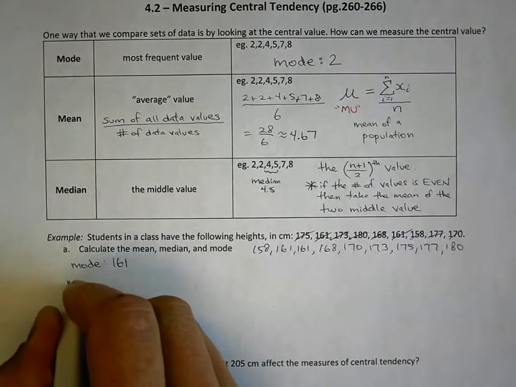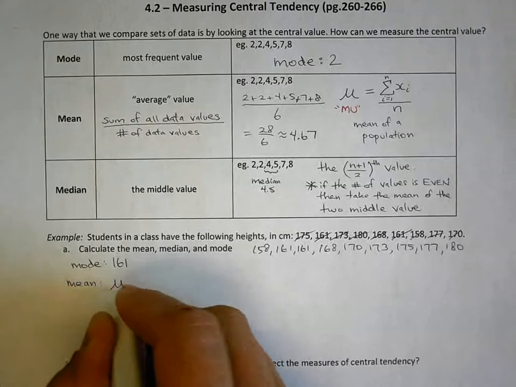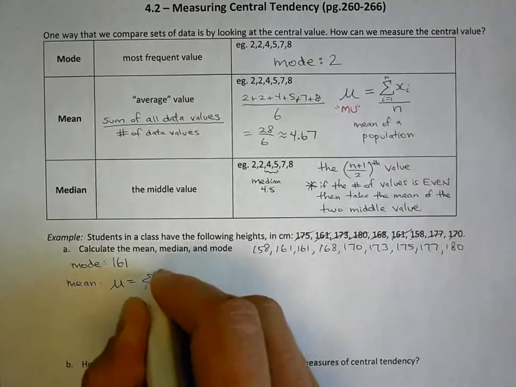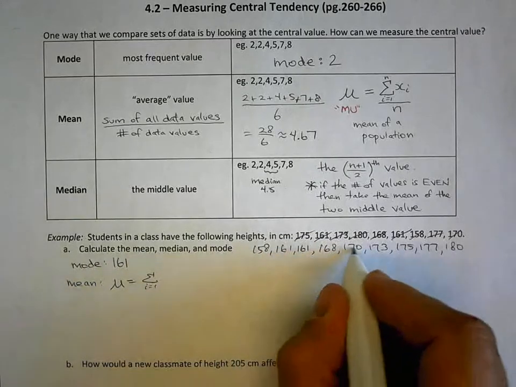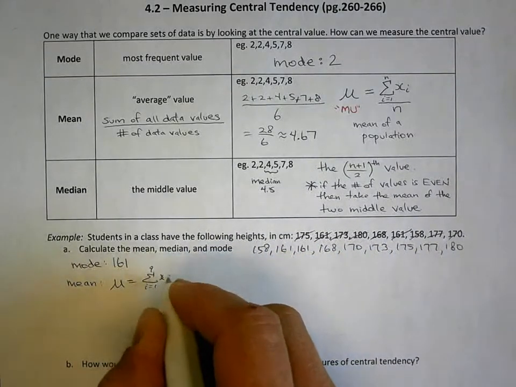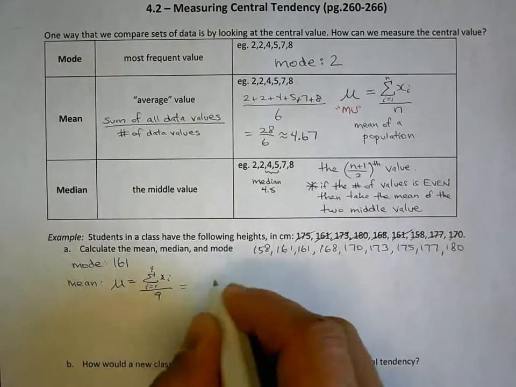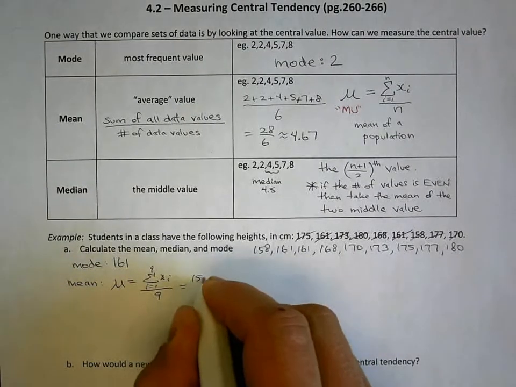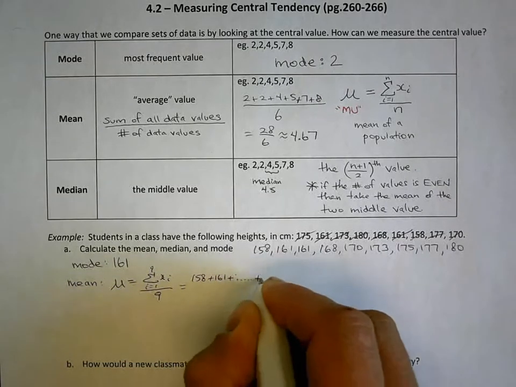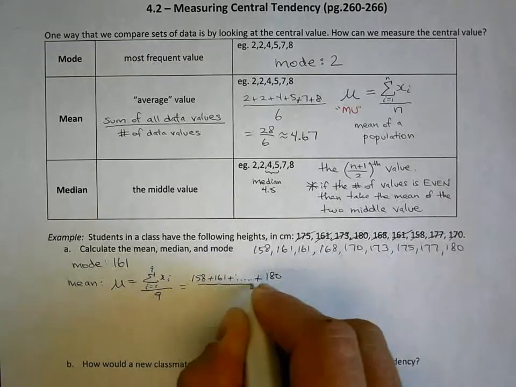The mean, that's a nice way of saying the average. Mu is the sum of all of the values from 1 to 9, and then I divide by 9. So I have 158 plus 161 plus dot, dot, dot, all the way to 180, divided by 9.